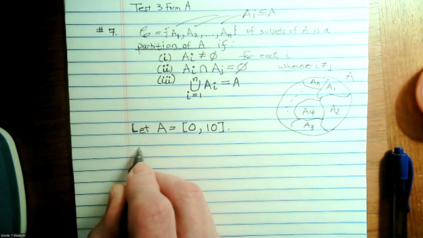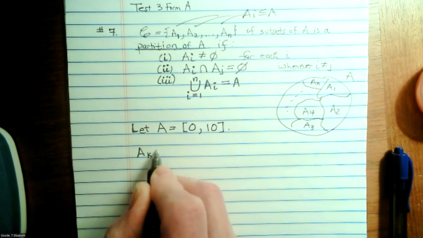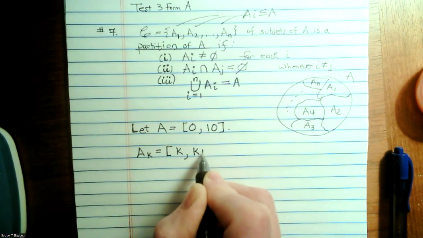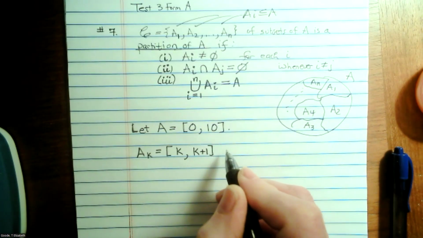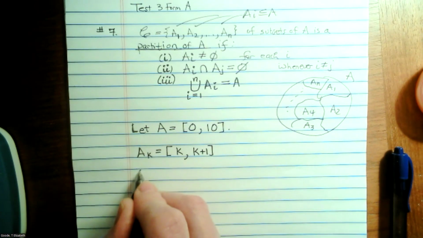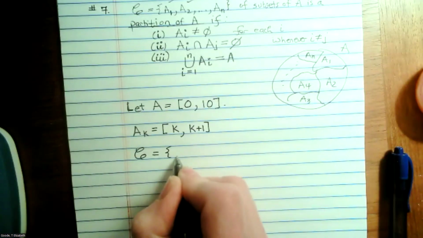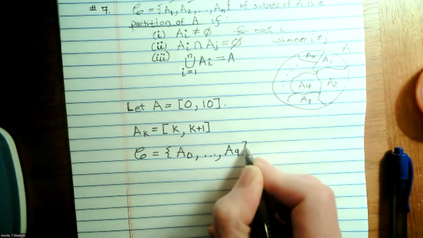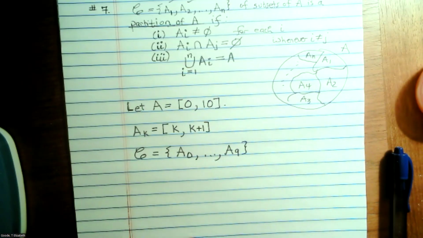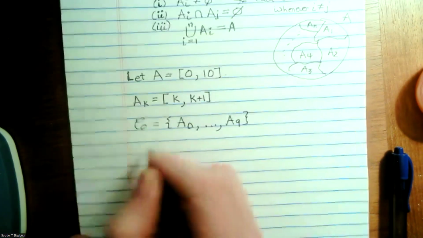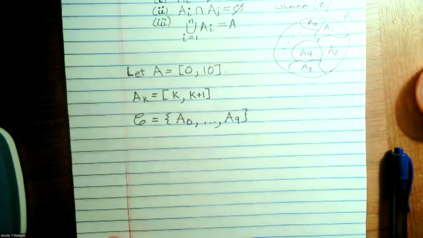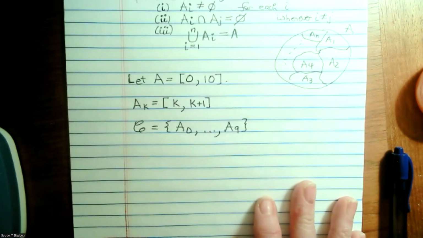And then we define A sub k as the interval that starts at k and ends at k plus 1. And then the collection started with A sub 0 and went up to A sub 9. You had to look at the indexing numbers to understand. And then we're going to verify each property of a partition or explain why this collection does not have the property.